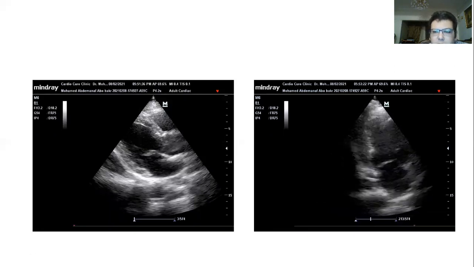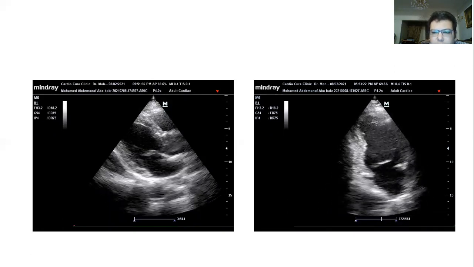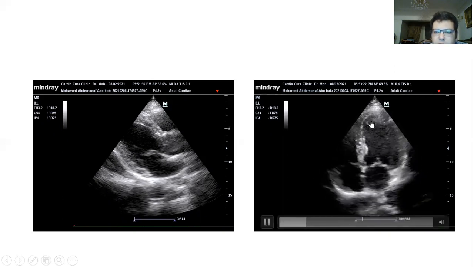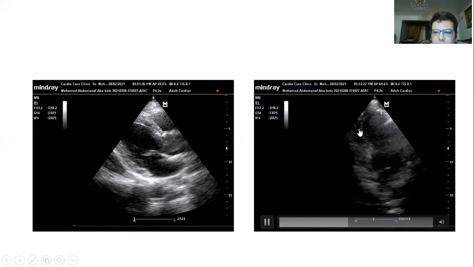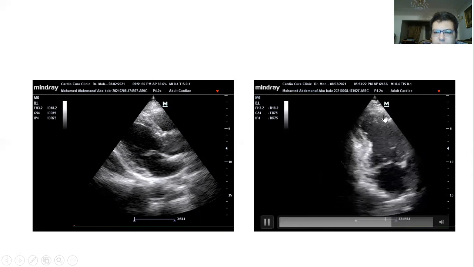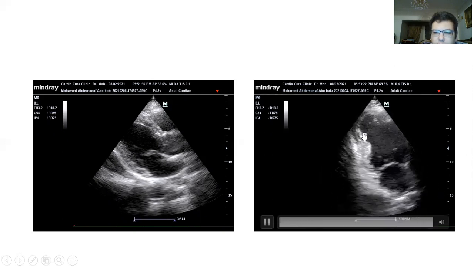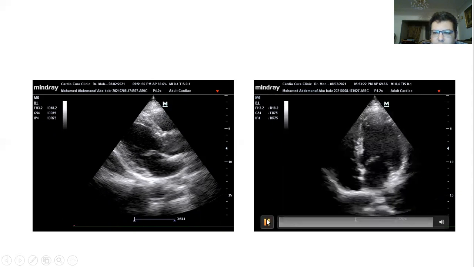This is the apical 4 and 2 chamber views. We can here appreciate the akinetic septum and the akinesia of the apical segments involving the apical inferior and the apical anterior.